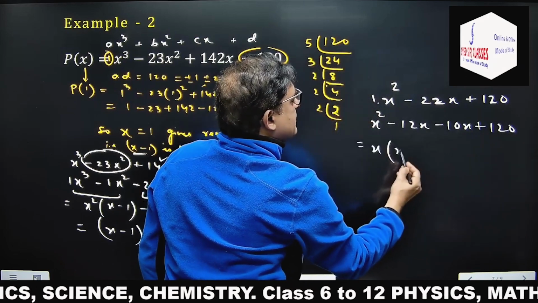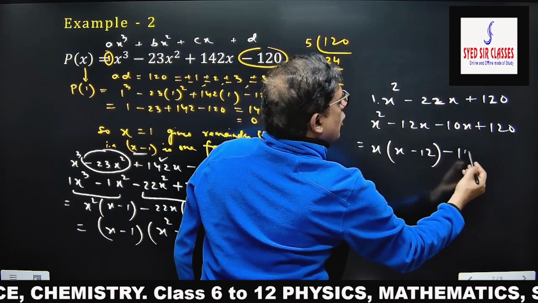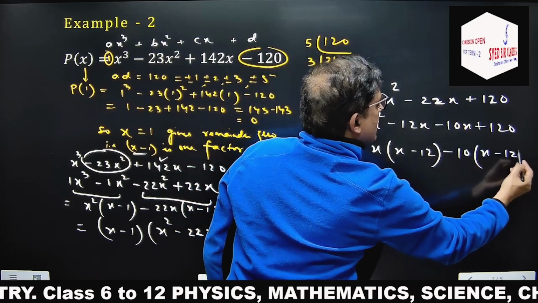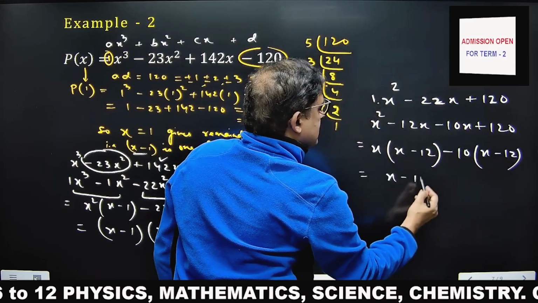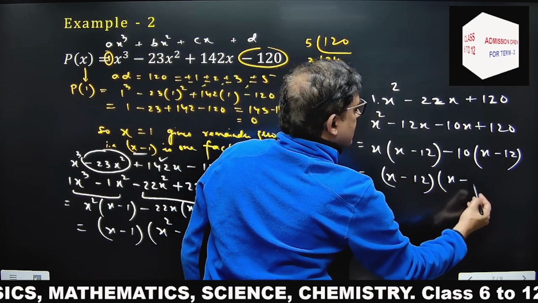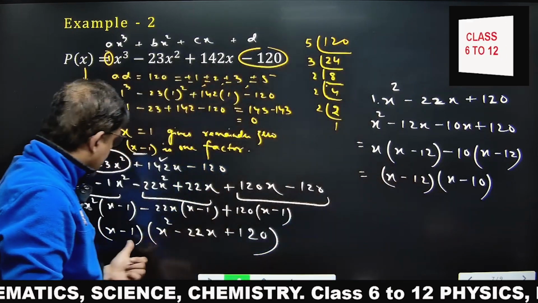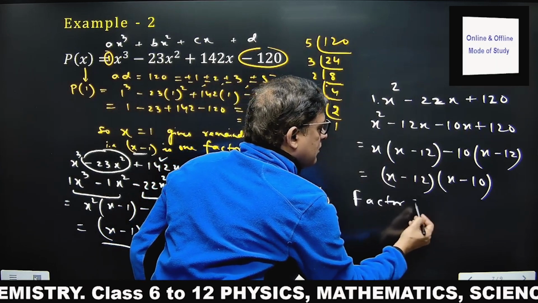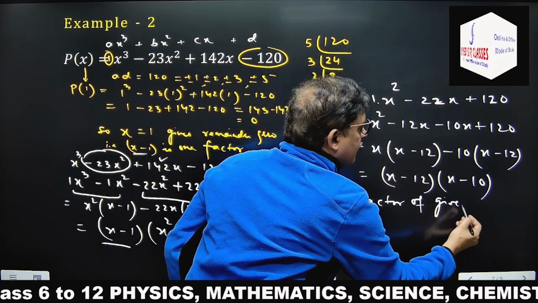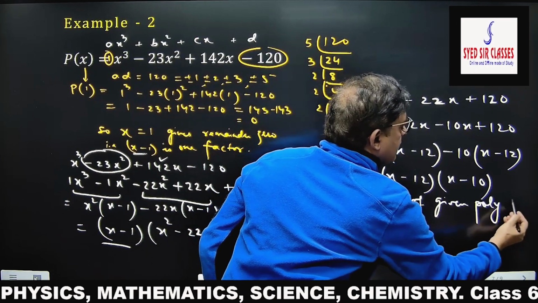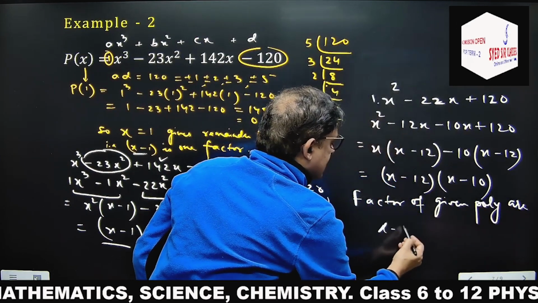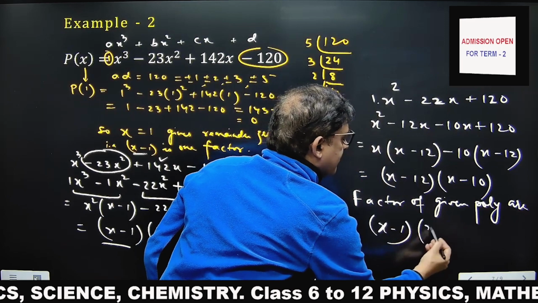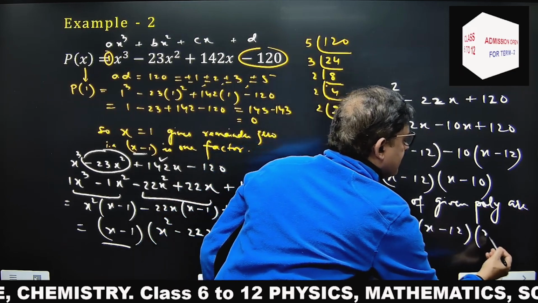Factorizing it, it is x minus 12, taking common minus 10, x minus 12. I got x minus 12 into x minus 10. These are two, this is one. So the factors of the given polynomial are x minus 1, x minus 12, x minus 10.